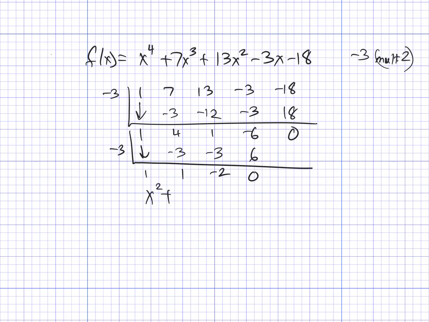You have x squared plus x minus 2 here. And that factors into x plus 2, x minus 1. So what are all the zeros? Yep, we got 2 negative 3s, a negative 2, and a positive 1.